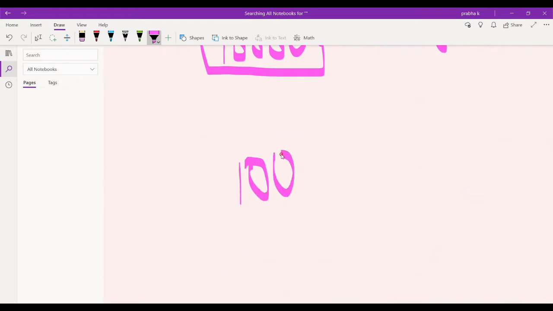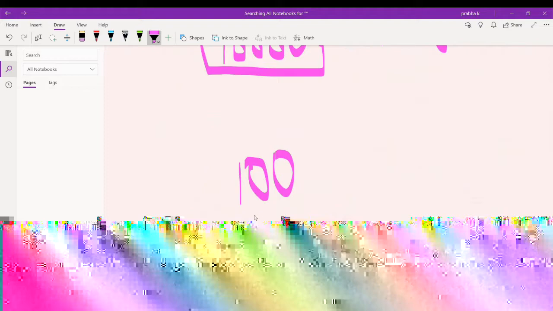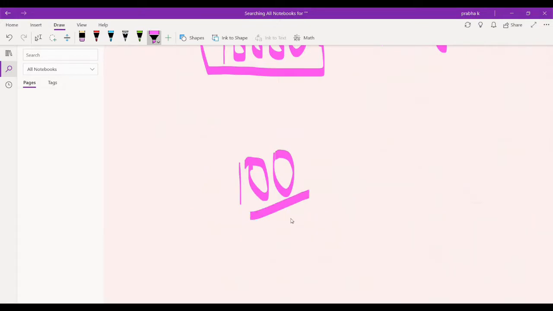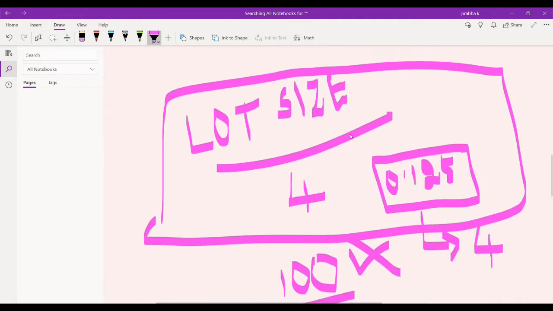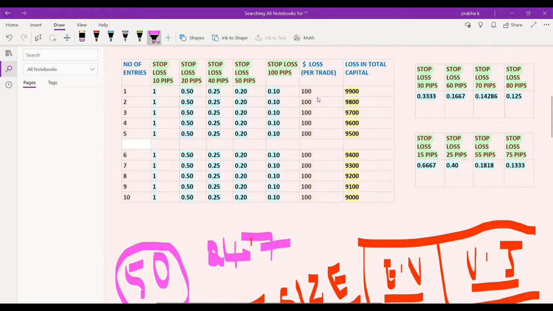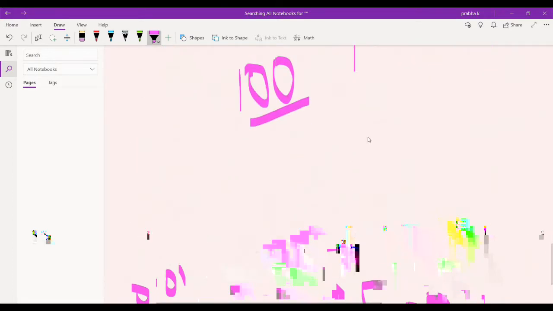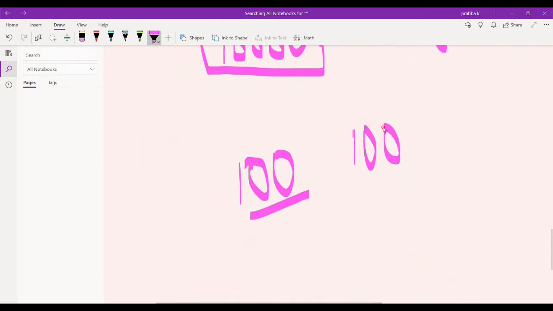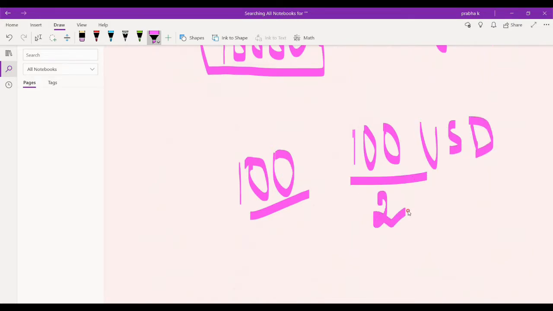You divide it by the number of losses. In this it's 100 US dollars, the exact loss amount. So divide that by 2. You will lose $50, $50.